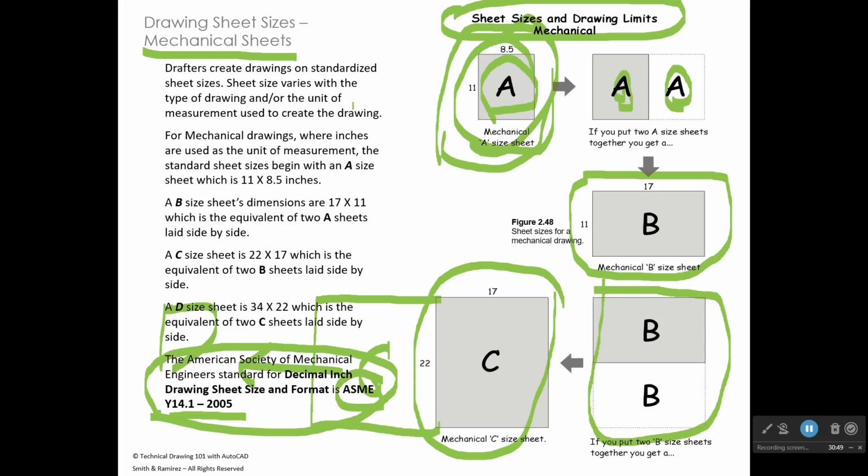But here's where things get a little bit confusing. Mechanical sheet sizes say that an A is 8.5 by 11. But when we go to architectural sheet sizes, they say an A size sheet is 12 by 9. Even though they say that, in most offices your printers just print 8.5 by 11, so most architectural firms are still printing their drafts 8.5 by 11 and not 12 by 9.